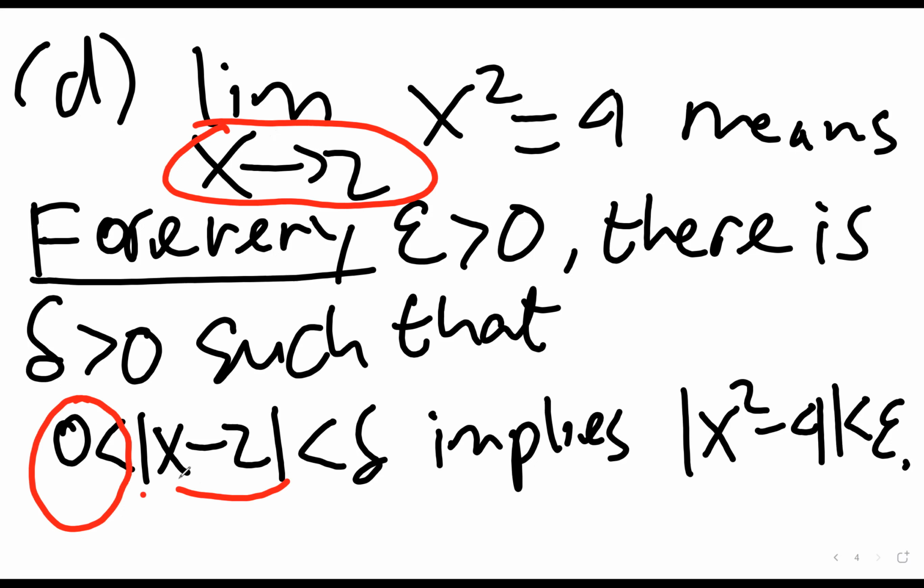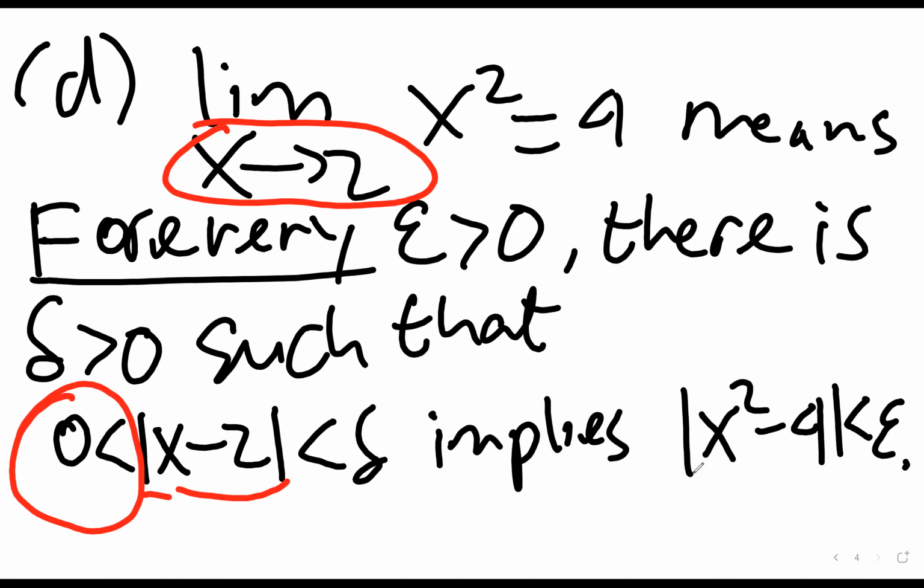And this came from the absolute value of x minus 2 being greater than 0. If the absolute value of x minus 2 equals 0, then x minus 2 equals 0 or x equals 2. So keep in mind that in the definition of the limit, we should add that the absolute value of x minus 2 is greater than 0.